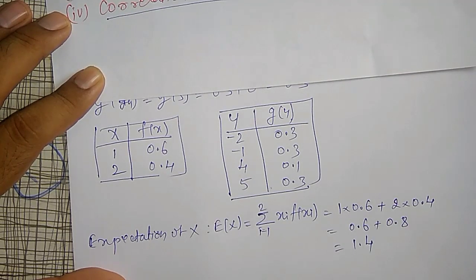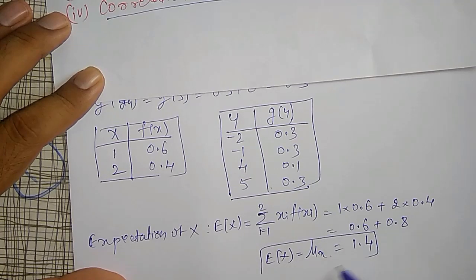Therefore, my expectation of x I am going to get as 1.4. E of x is also denoted by mu of x.